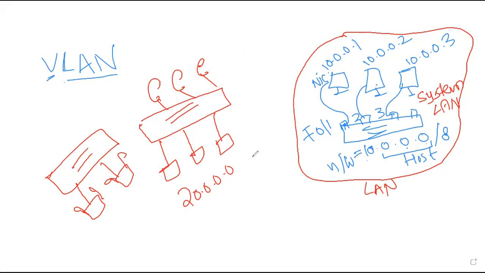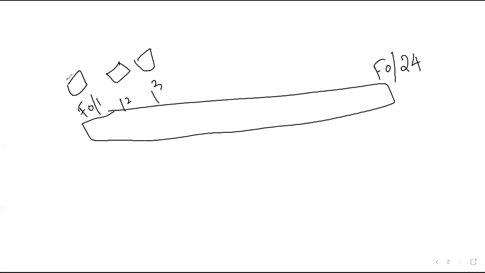Instead, what we will do is use a single switch. Let's say this is port number F0/1, and this goes until F0/24, a 24-port switch. And I'm consuming 3 ports here to connect the system.